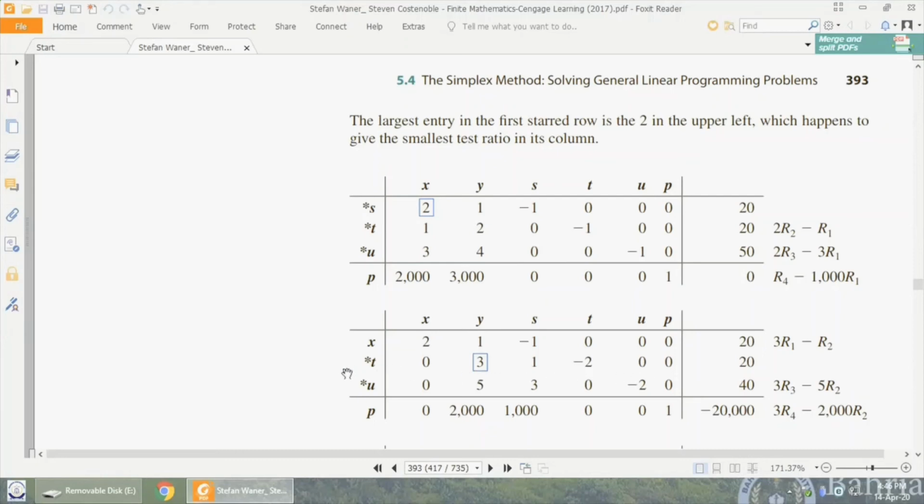And same procedure. Now, how you are supposed to make this 0 is just simply multiplying it with 2, so it's going to be 2R2 minus R1. So 2 minus 2 is 0, and you can just repeat this process till the end.